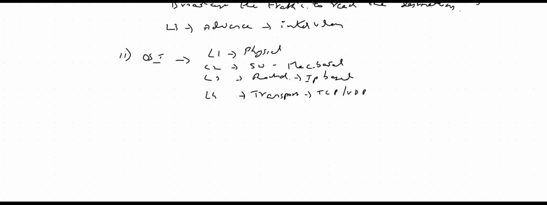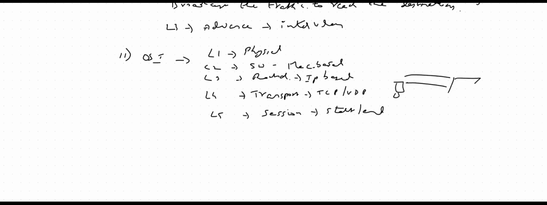Layer 5 is a session layer. This will handle the communication from start to end. Like if you write a website, fb.com, it will create a session here and some communications will happen.